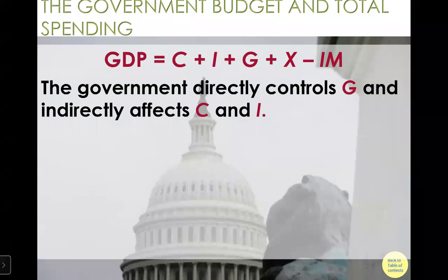Remember from the previous chapter, when we talked about the aggregate demand and aggregate supply model, if we can somehow affect aggregate demand, then we have the ability to affect the equilibrium GDP and the aggregate price. This is particularly relevant when the economy is hit by a demand shock, right?